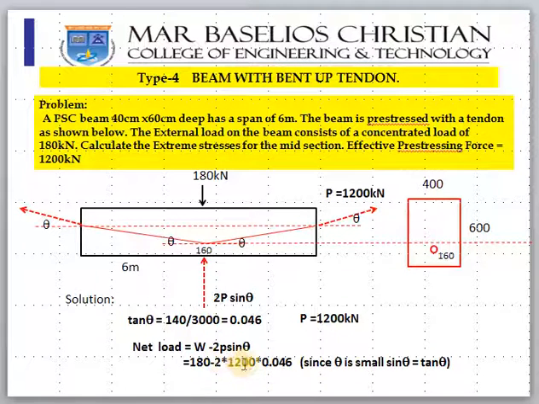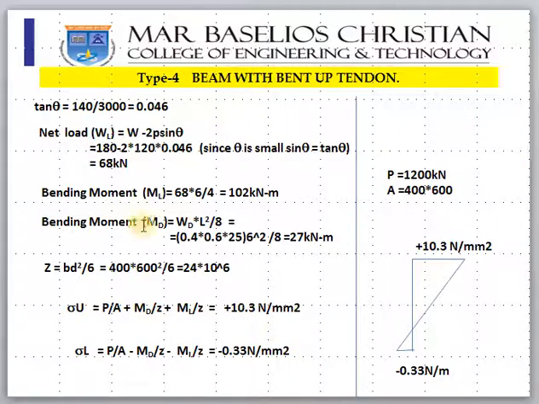So 2 into P, which is 1200, into 0.046, which is tan theta. Since theta is small, sin theta is equal to tan theta. This value will come to 68 kilonewton. As you can see in the next figure, net load will be 68 kilonewton.